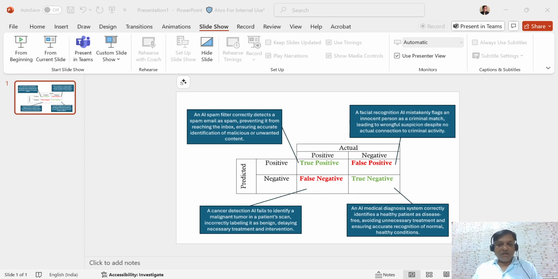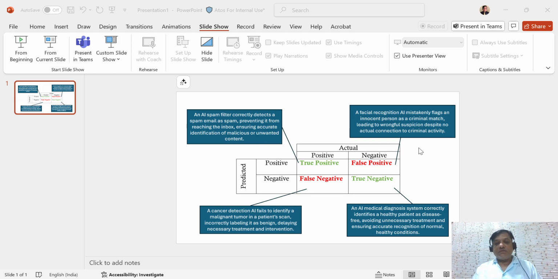For true positive, the example is that an AI spam filter correctly detects a spam email as spam and prevents it from reaching the inbox, ensuring accurate identification of malicious or unwanted content. So if the spam filter detects it and it goes into spam and does not reach the inbox, it is true positive.